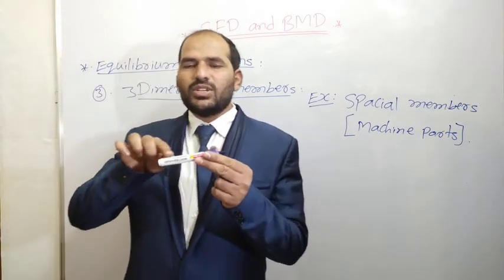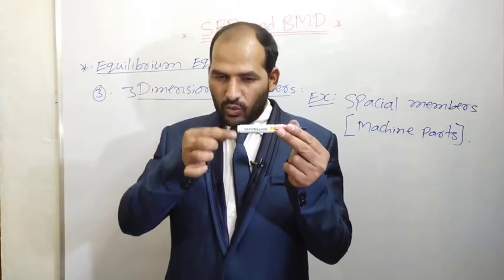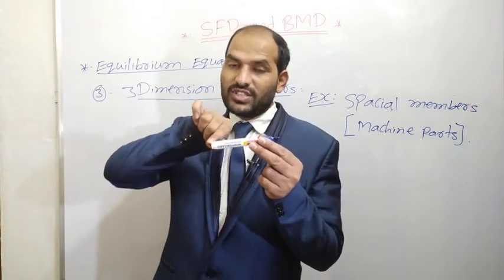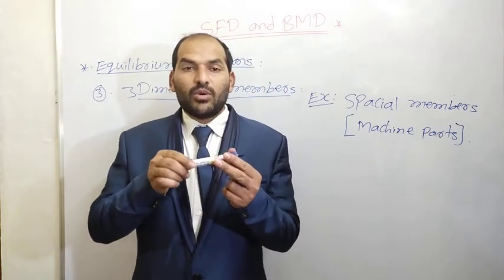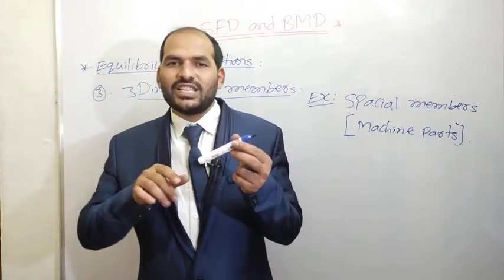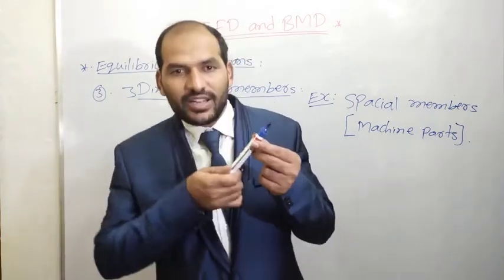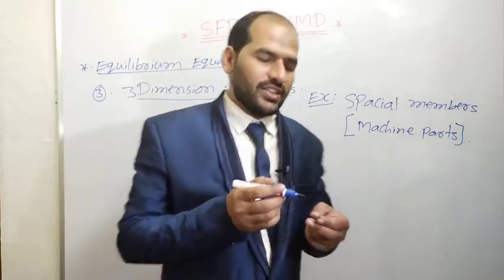The summation of forces along the x direction is 0, the summation of forces along the y direction is 0, the summation of forces in the z direction is 0. One more is the summation of moment along the x direction is 0, the summation of moment in the y direction is 0, the summation of moment in the z direction is 0.